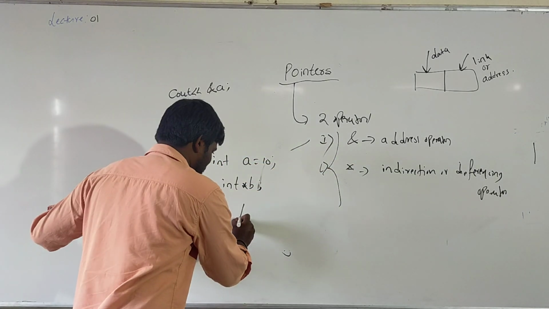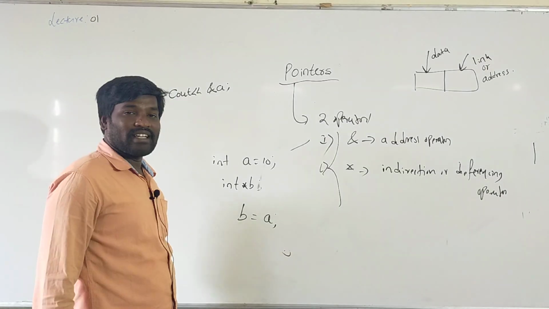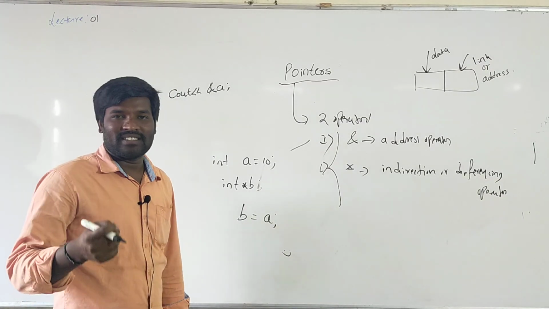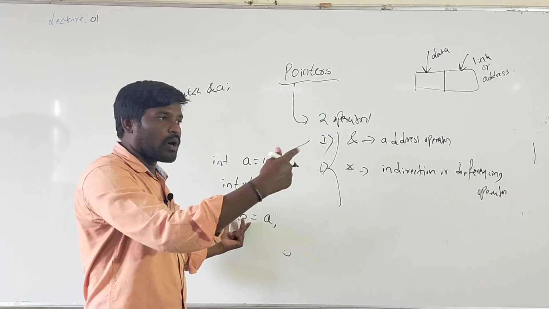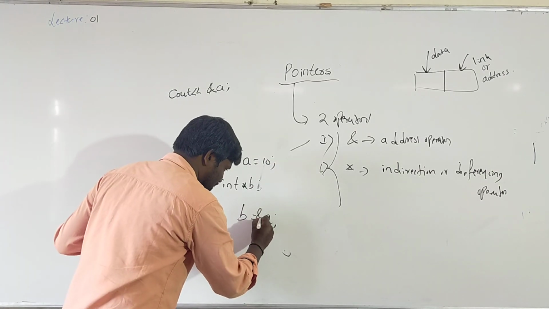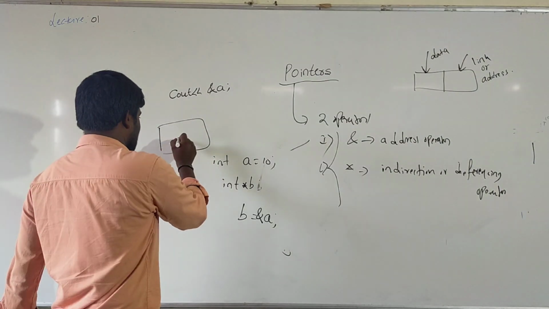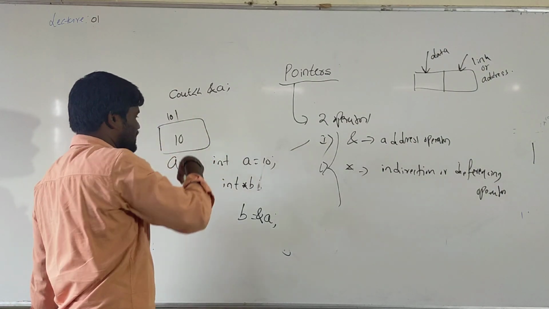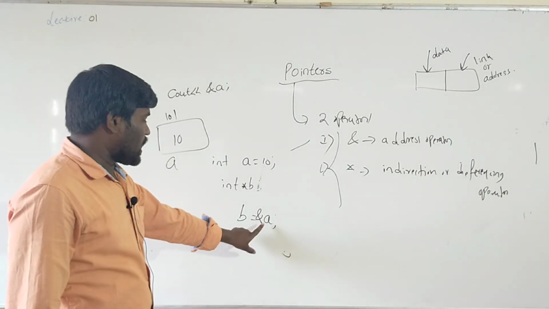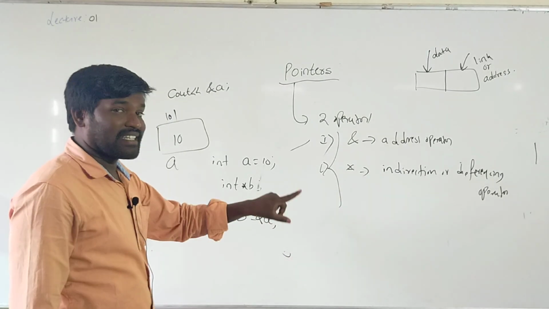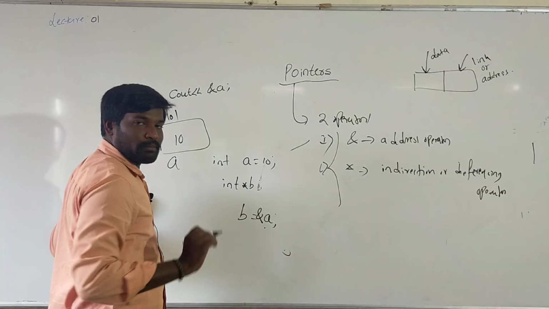For example, if I write B is equal to A, 10 is stored in B, but the definition is which holds the address of another variable. So how to identify the address? We can use the AND of A. Here 10 is there, A is there, its address is 101. See here, B is equal to AND of A. Here A is 10, but AND of A means 101. 101 is stored in B.